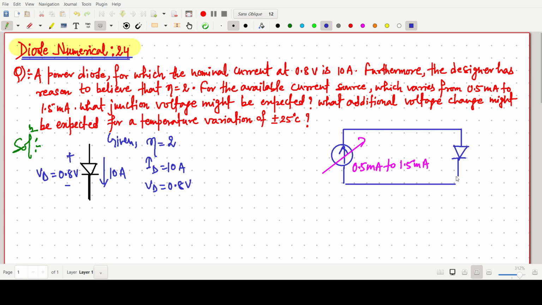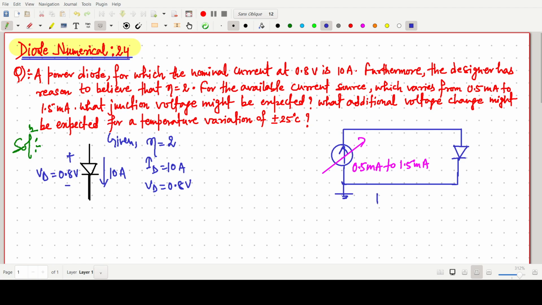So the maximum will be 1.5 milliampere. So what junction voltage might be expected?